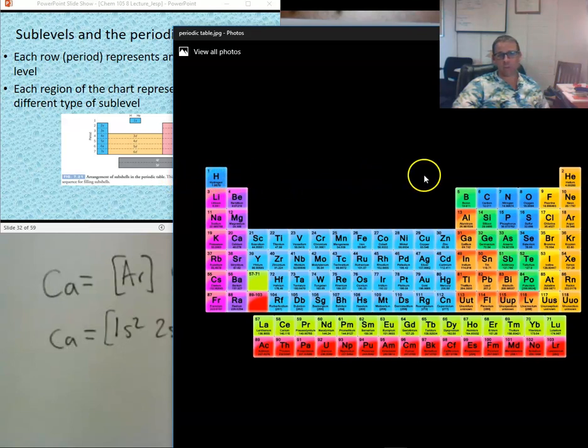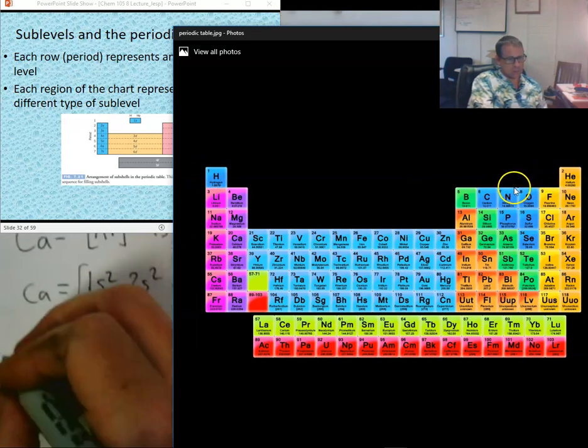So n value corresponds to the row, right? And because there are 2 electrons in this S subshell, now we talked about how helium could be over here when we're talking about electron configurations, because the first 2 electrons are in an S orbital. So the first 2, hydrogen and helium, are in 1s2.